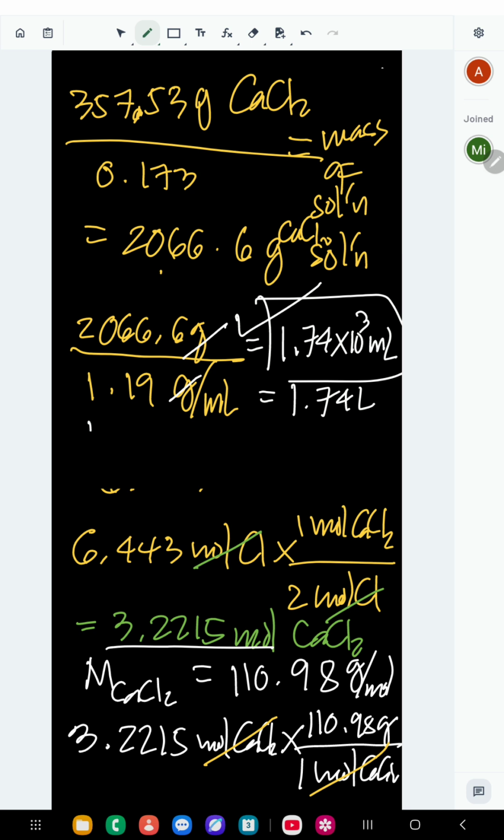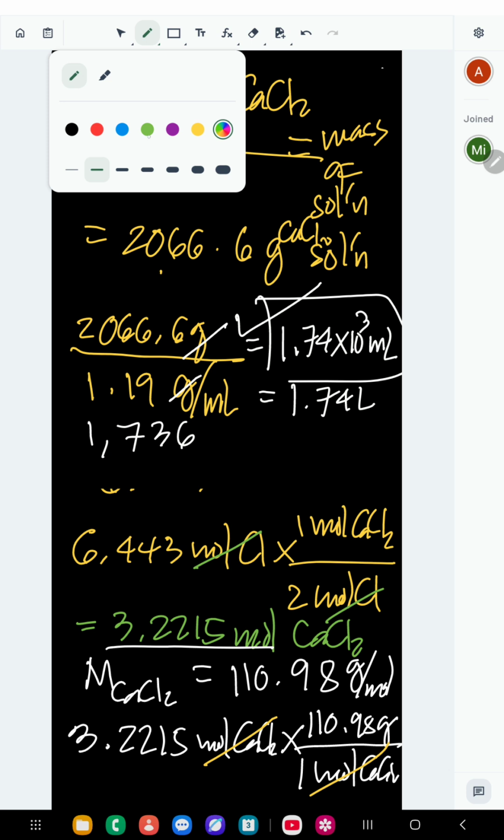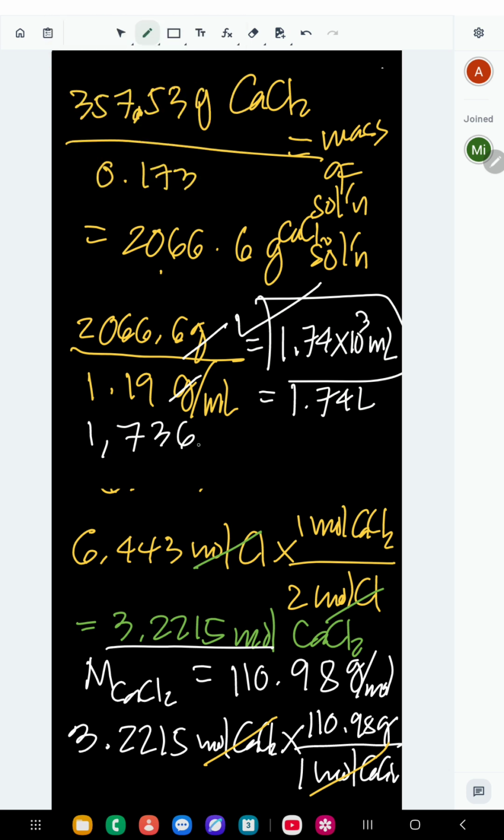Our answer is 1736, right? We write that in scientific notation. In writing scientific notation, the rule is the number should be less than 10.